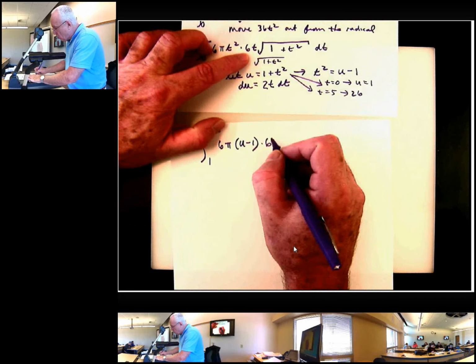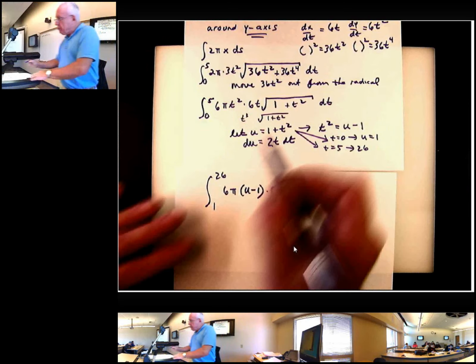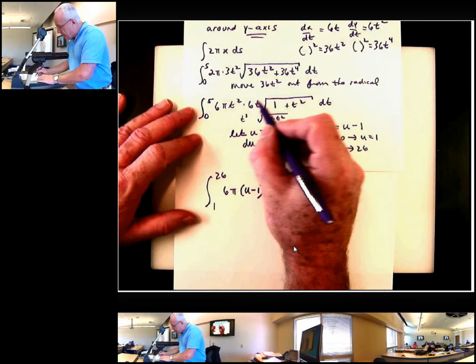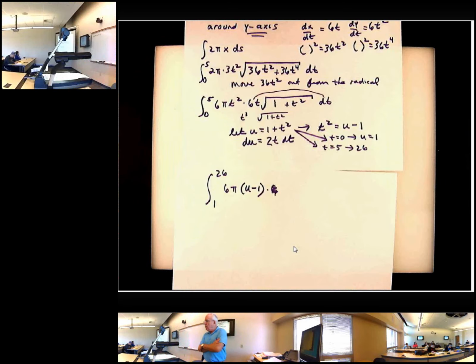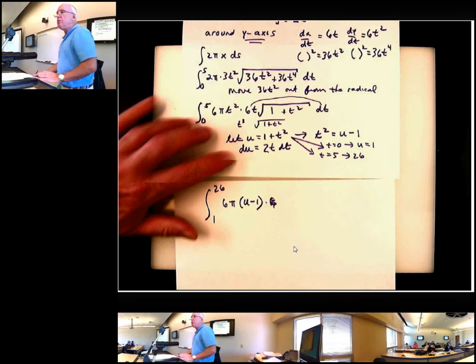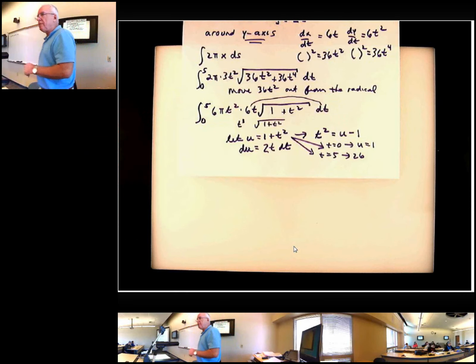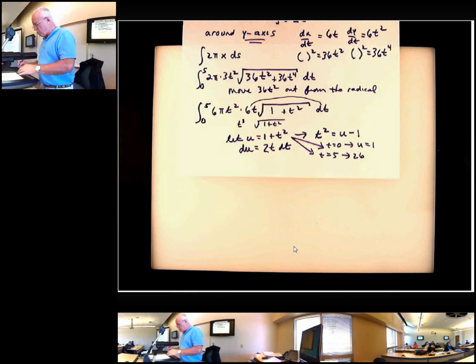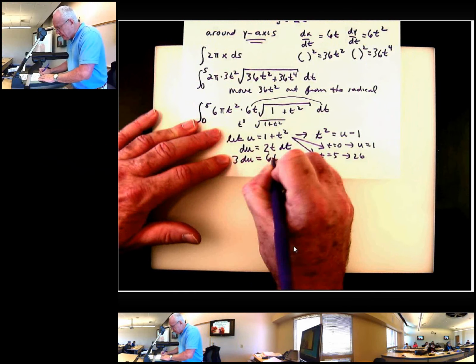All right. Why don't I do this? I've noticed what I've got here is a 6t dt here. What could I do with this du equation? I could multiply it by something just to make life easier. By 3, yeah. 3 du is the same as 6t dt.